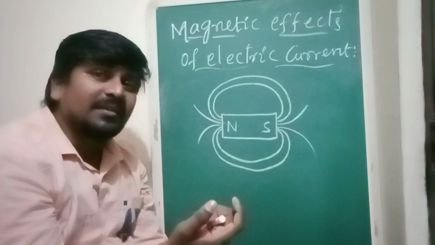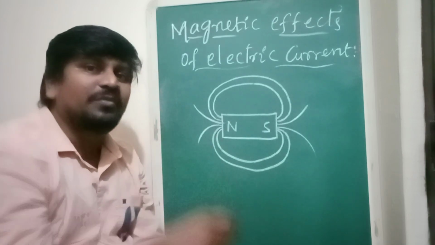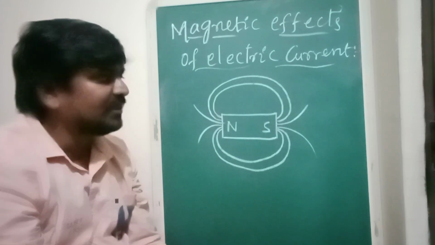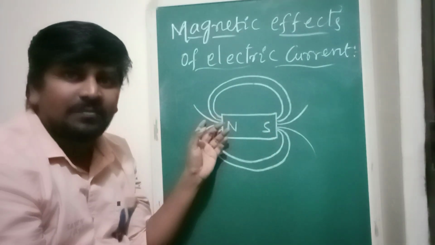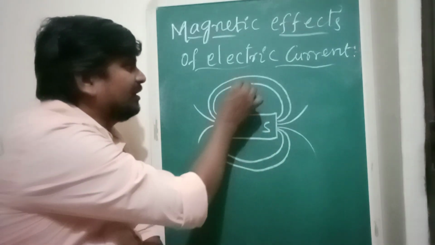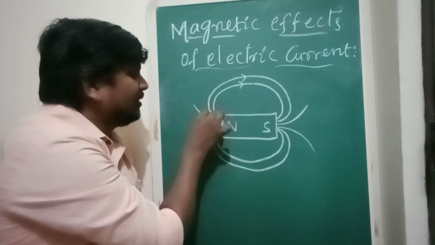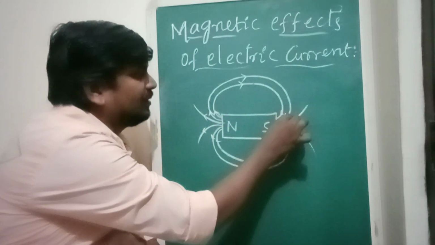Magnetic field will be in the form of field lines. Here you can see the field lines always direct from north to south. They start from north and reach to the south pole. So I'm considering like this, and it reaches to the south pole.